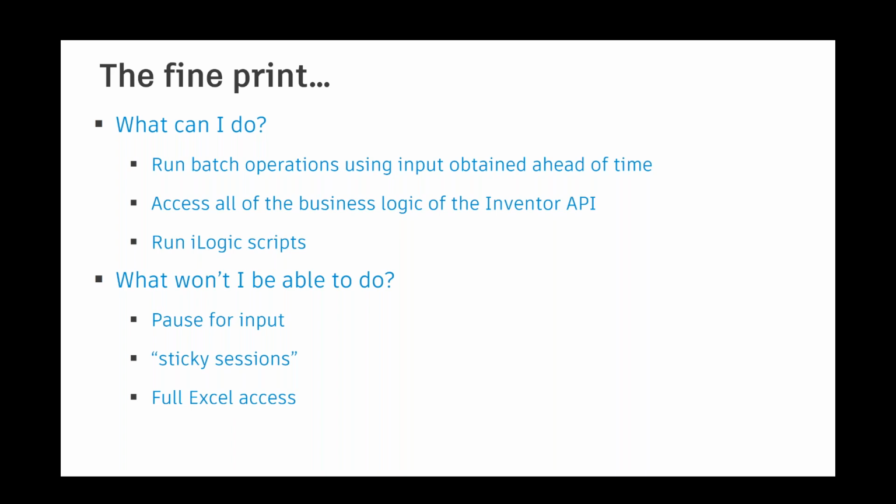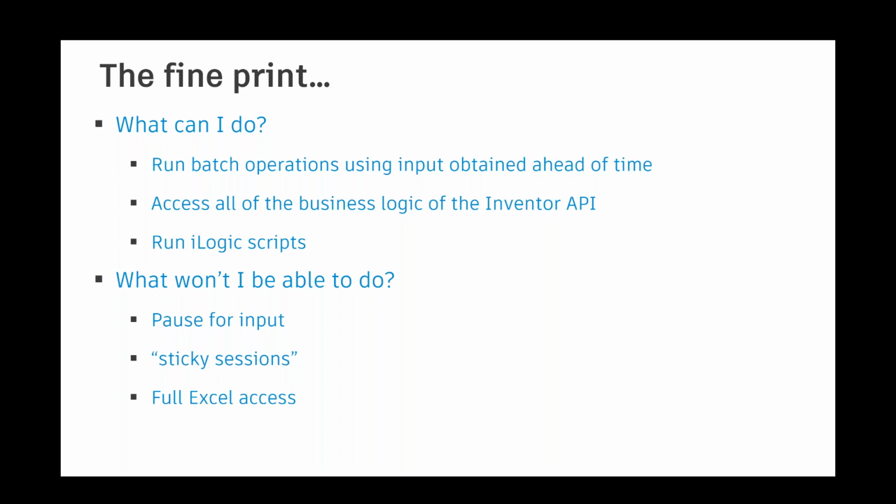A few things, though, that at least with V3 right away, you won't be able to do. Certainly won't be able to pause for input. So once you run the job, that job is either running or you cancel it. There's no concept of a sticky session. So within the granularity of your work item, you can run multiple apps.